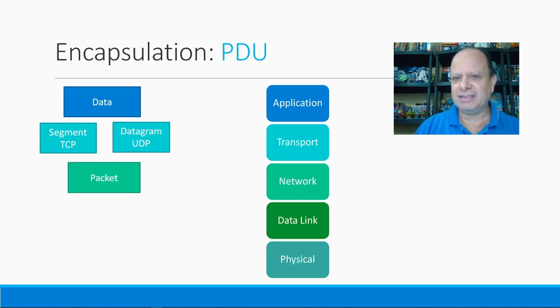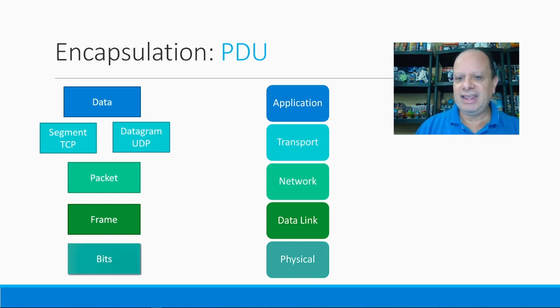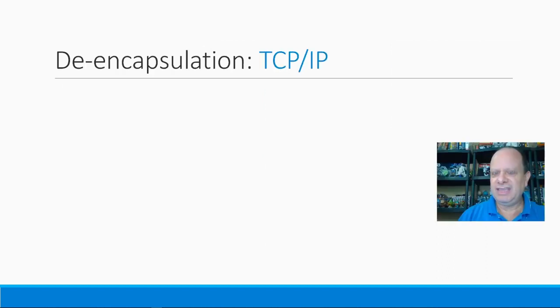Next, we have packet, the network layer PDU, for example IP packets. Next, we have frames, the data link layer PDU, for example Ethernet frames. And finally, we have bits, the physical layer PDU. It's used when physically transmitting data over the media.